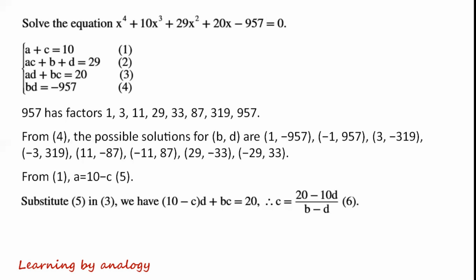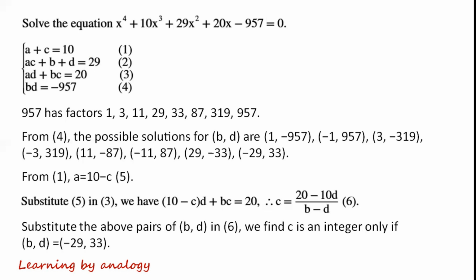So c equals (20 minus 10d) over (b minus d). Substitute the above pairs of b, d in equation 6. We find that c is an integer only if b, d equals minus 29, 33.